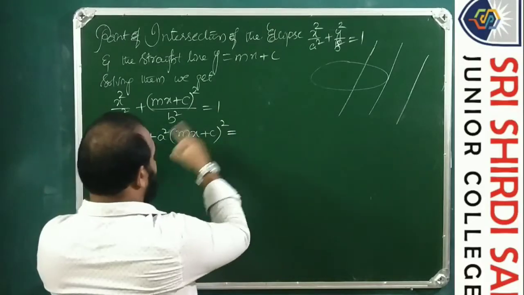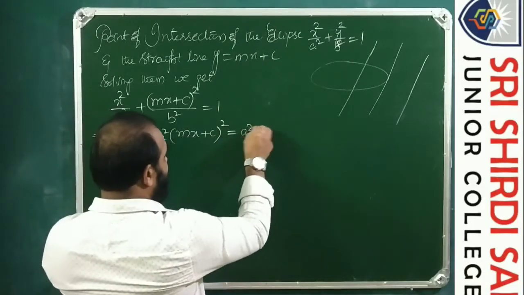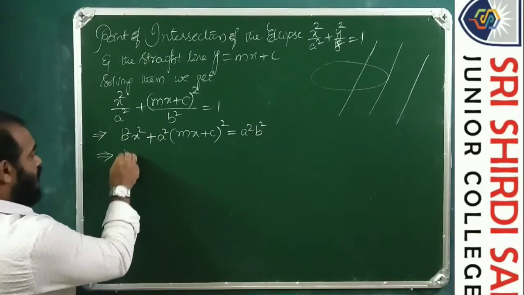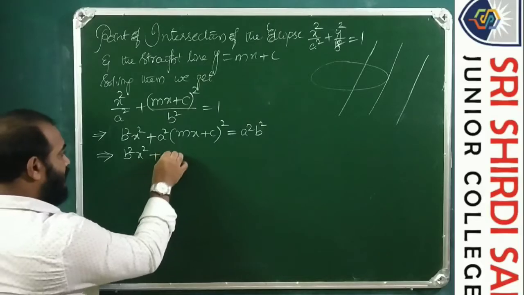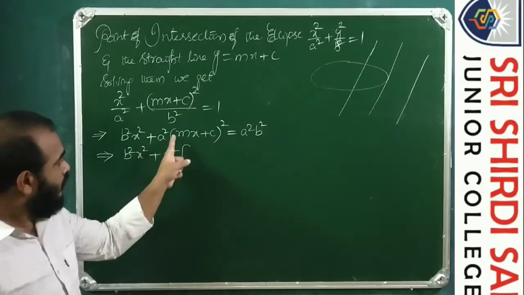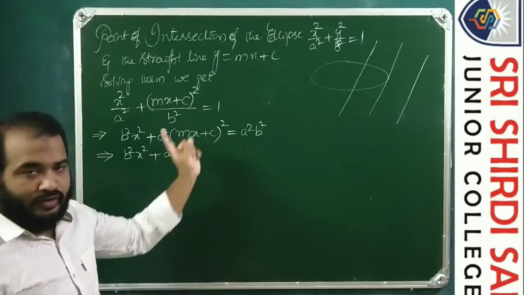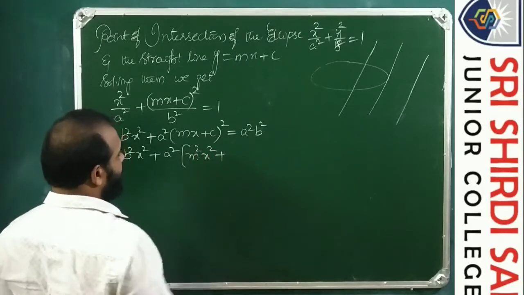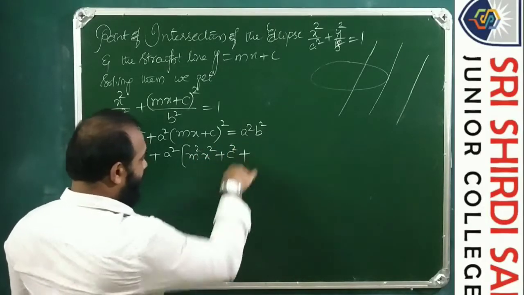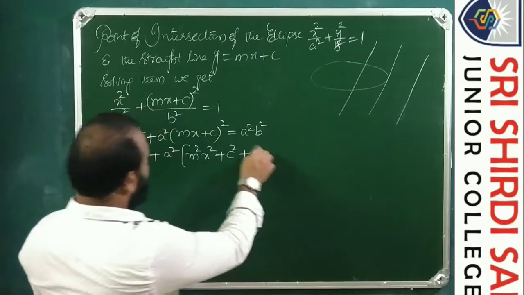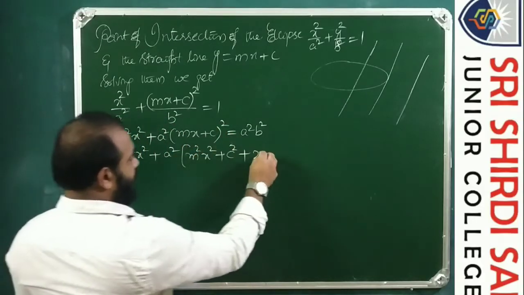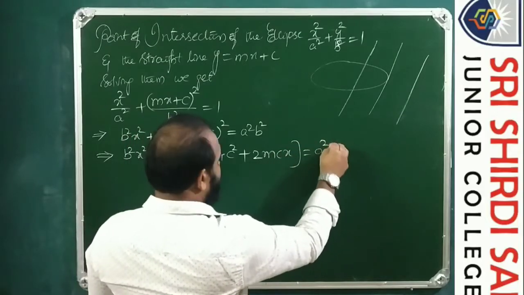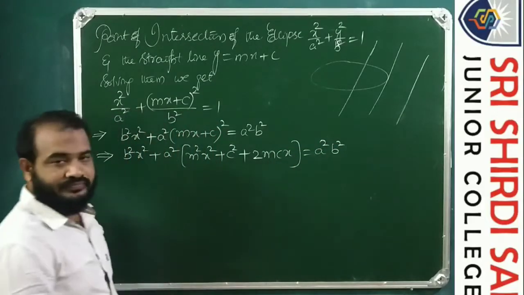If you cross multiply with 1, we get a square b square. So this is equal to b square x square plus a square into mx plus c whole square. You expand: m square x square plus c square plus 2mcx is equal to a square b square.